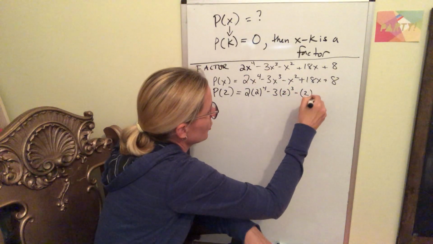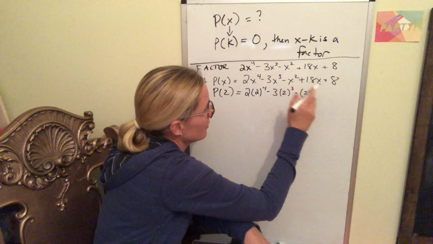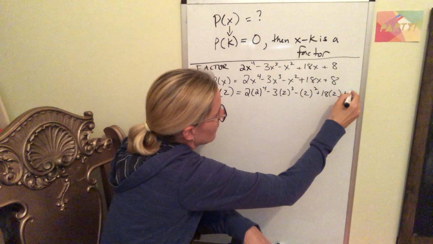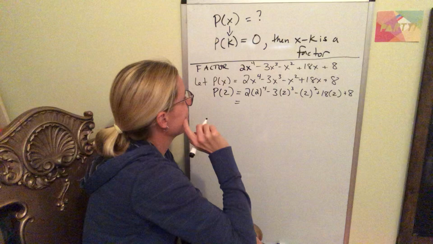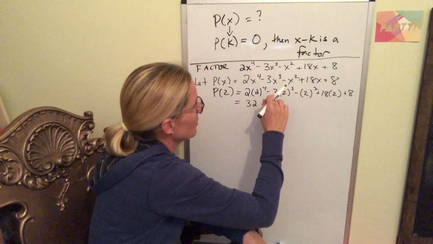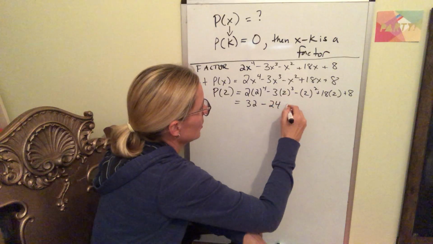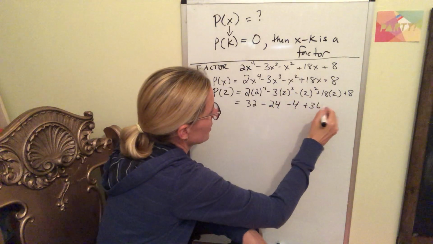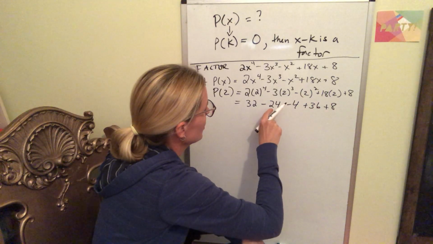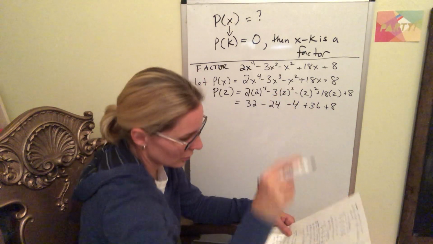Make sure you follow your exponent laws in terms of the negatives. Put it in brackets when you substitute it in. You'll be able to get a decent answer here. So 2 times 16, 32. 8 times 3, 24. Minus 4 plus 36 plus 8. 36, 44, 40. 6. Oh, what did I do here?